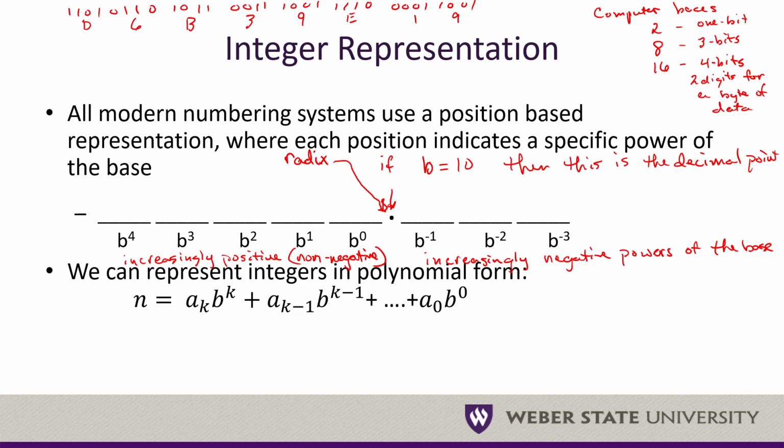So I've got ten thousands, thousands, hundreds, tens, and ones digits. 10 to the 0, any number raised to the 0 power is 1. So that's why this ends up being our ones digit, and then the next power digit, the next power digit, the next power digit. All numbering systems that we use inside computers operate this way.